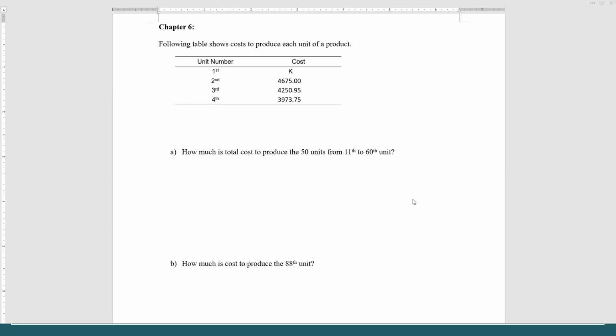To solve this problem, where is the starting point? What should you do first? Don't we have to find B first? Yes, right. That is right.